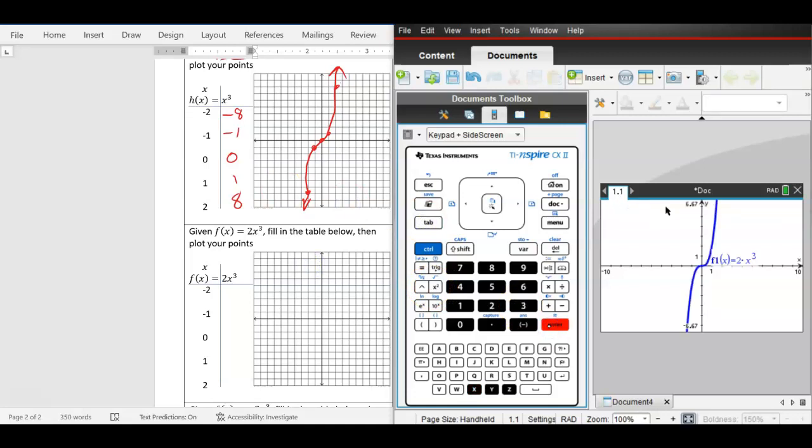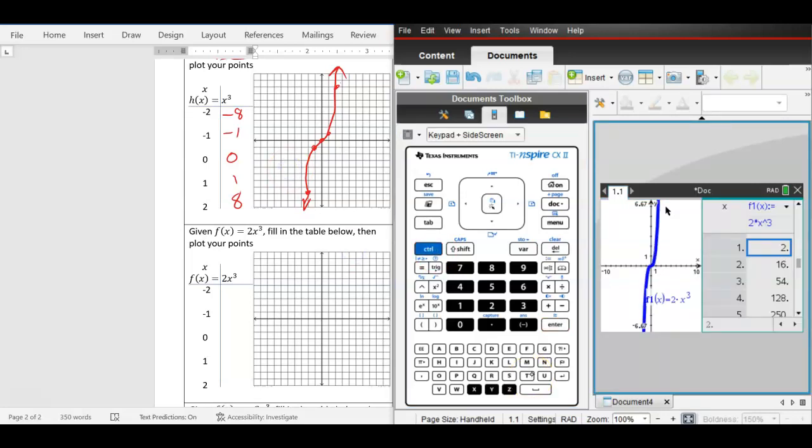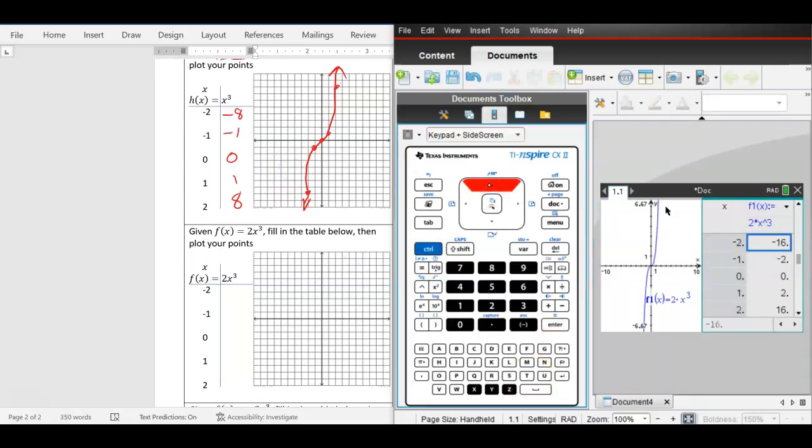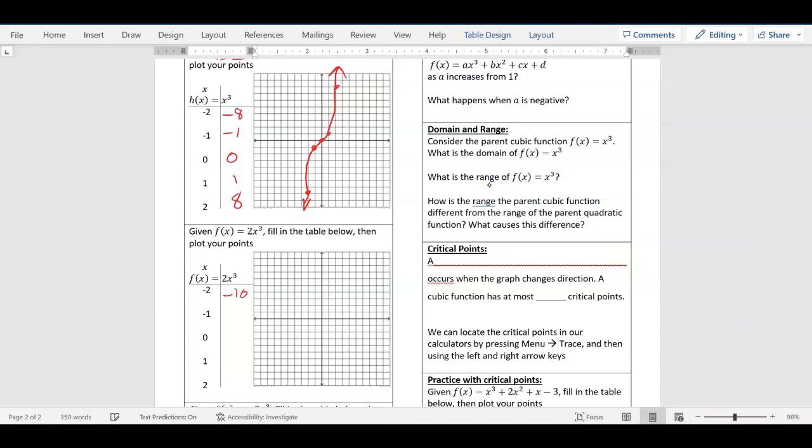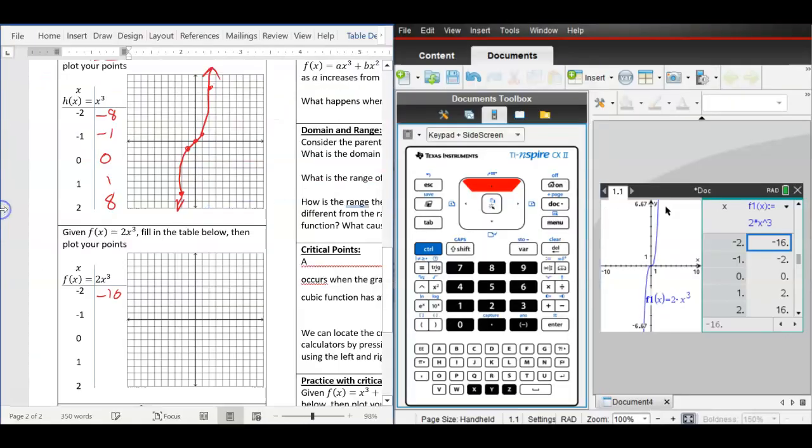And again, to get the table, we press Control T, and I'm going to go up to -2, and I can write these numbers down. -16, -2, 0, 2, 16.